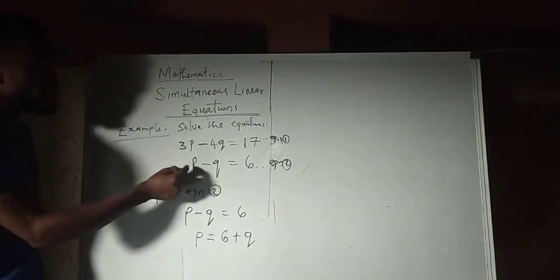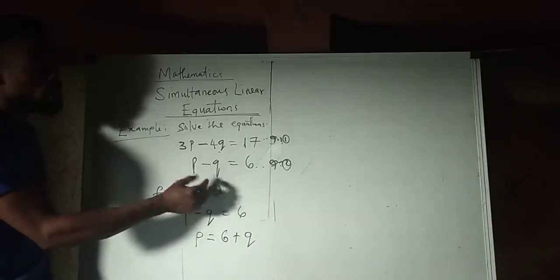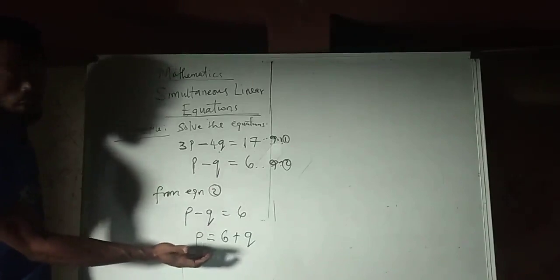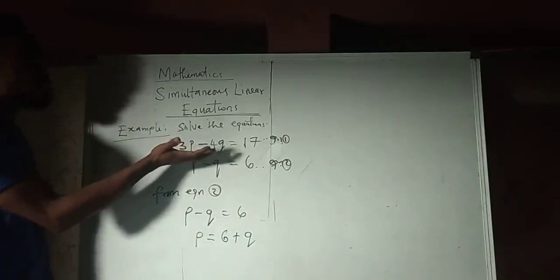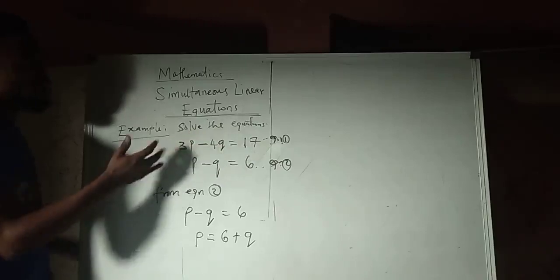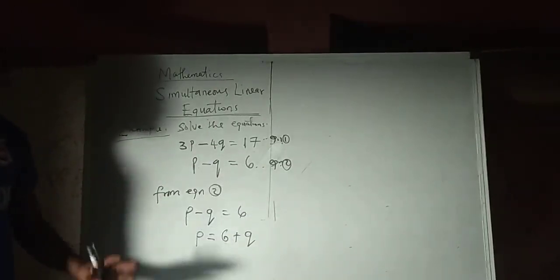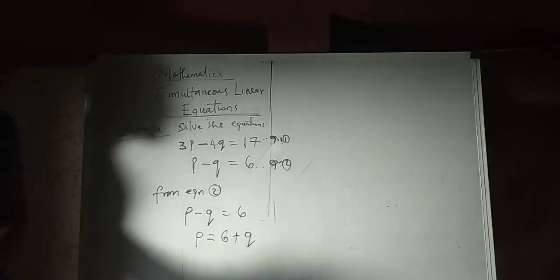Like you can see here, the coefficient of P here is 1, coefficient of Q here is minus 1. So it's better to use this equation to make your equation 3 than to use this one. Are you getting me? Because if you do it with this one, you're going to get a complex equation on the other side, which will really make solving your problems stressful. It's not like it cannot be done, but it's going to be demanding.